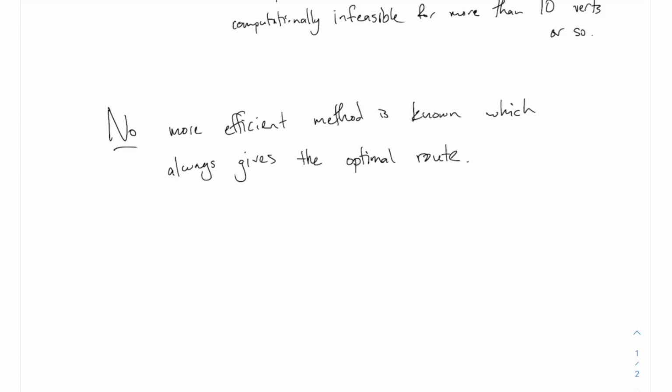This is a little surprising to me, at least it was the first time I heard about this. The brute force method is far too inefficient, and actually nobody has ever figured out a better way to do it. And also, it's not like this is impossible. Actually, it has not been proved that it's impossible to do it any better way. But nobody has ever figured out a substantially better way to do it.